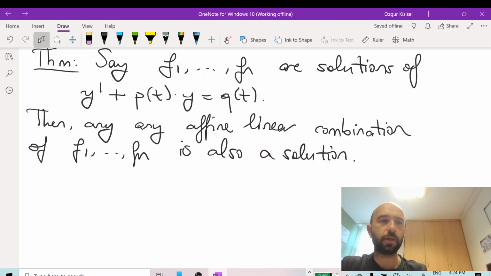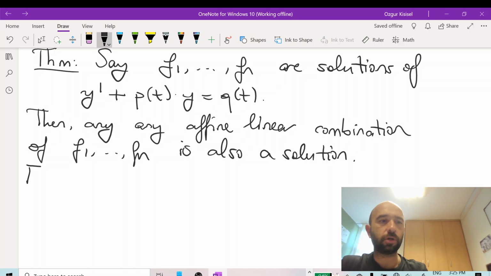If f1 through fn are solutions, then any affine linear combination of f1 through fn is still a solution. By the way, there are many affine linear combinations because you can change your choice of constants c1 up to cn.